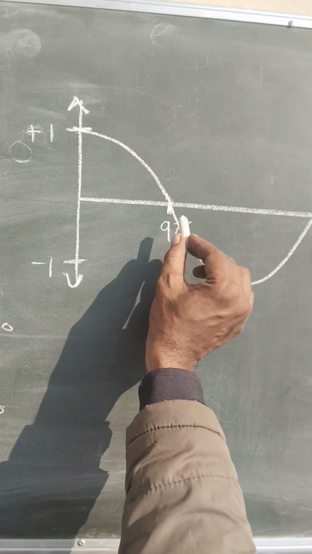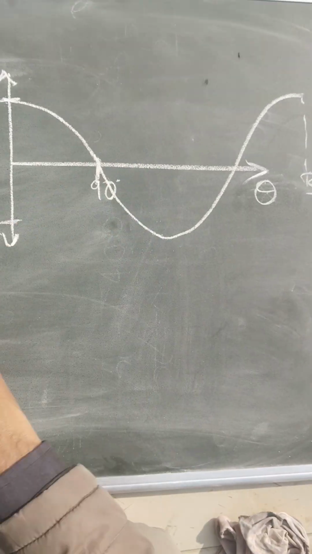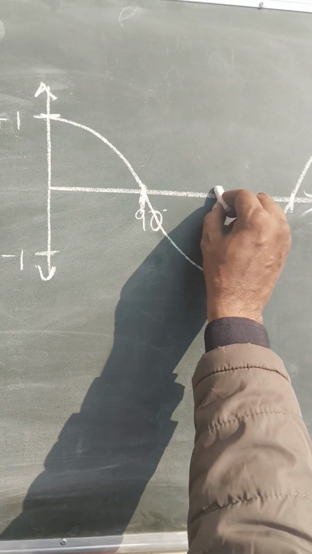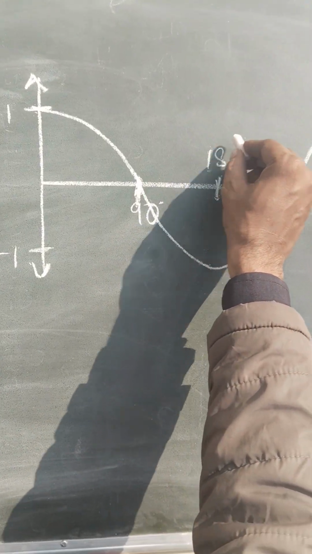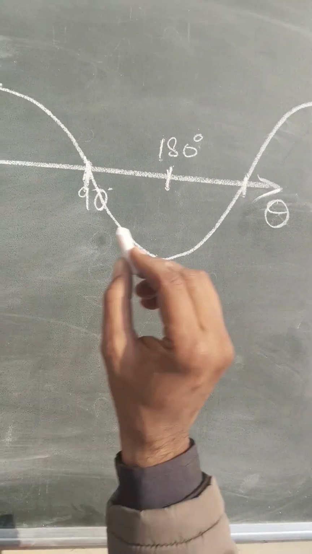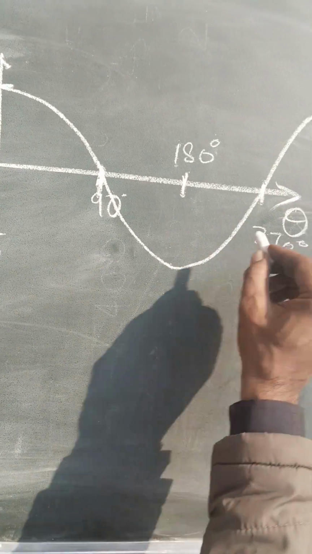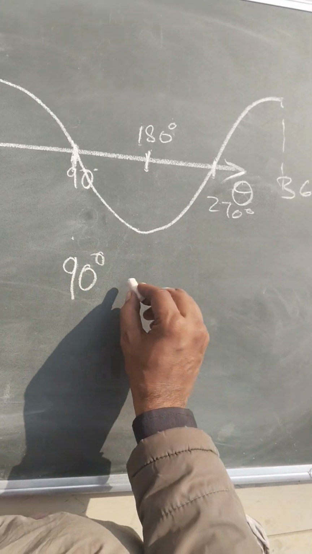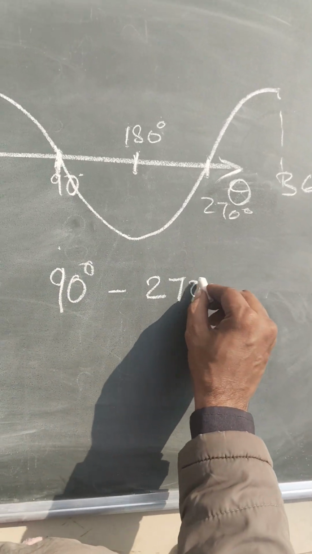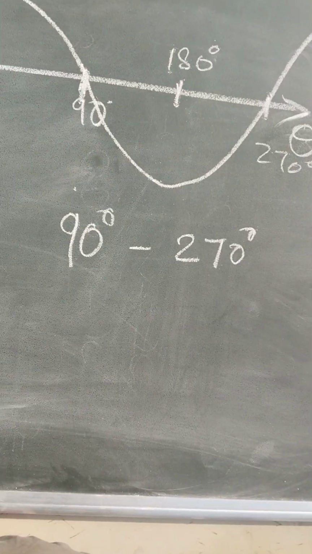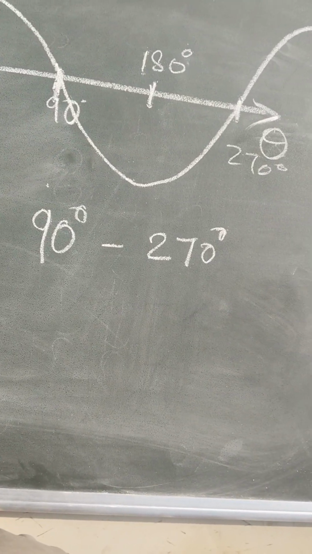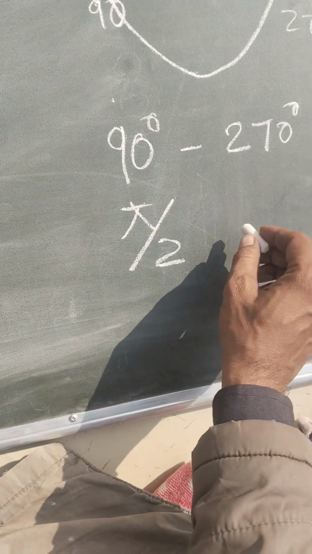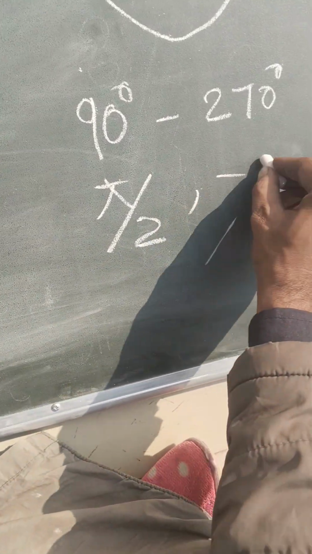So in this region, from 90 to this value, what is this value? This is 90, this is 180, and this is 270. So from 90 degree to 270 degree, if you want to express it in radians, that is pi by 2 to 3 pi by 2.